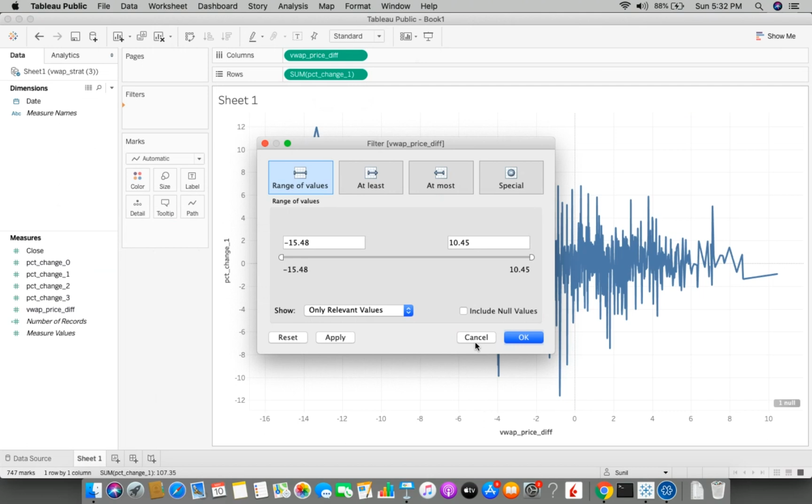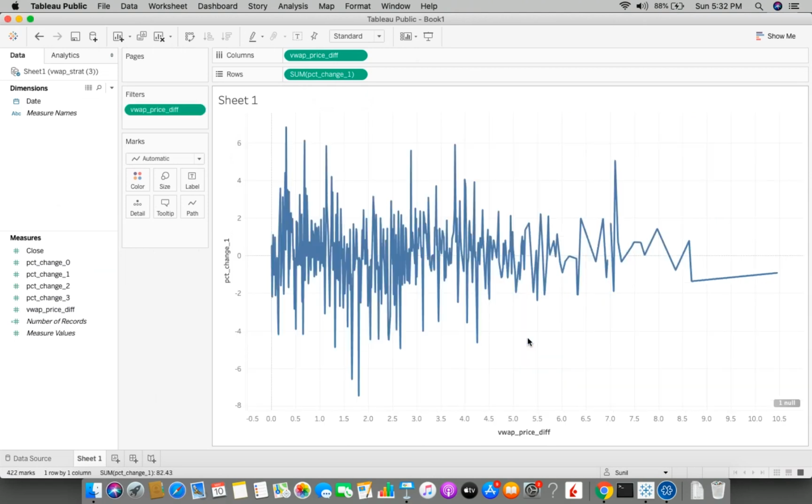Here we can filter any parameter. Let us try to remove the negative values of VWAP price difference, almost 0. Does it look better now? No.